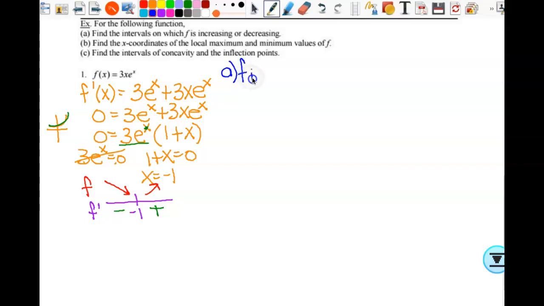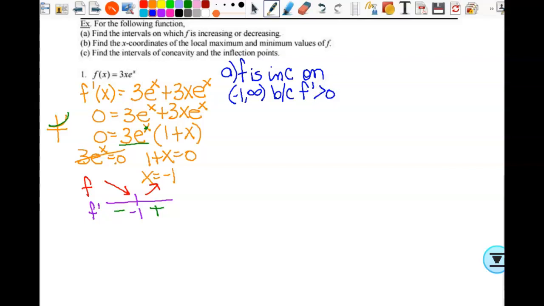So f is increasing on what interval? -1 to infinity, because f prime is positive, so greater than 0.